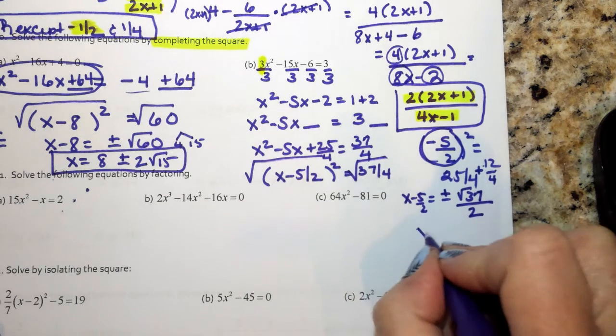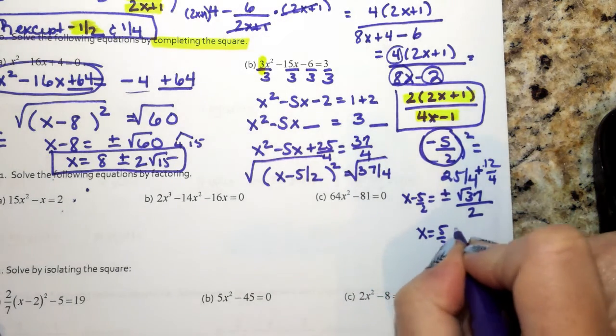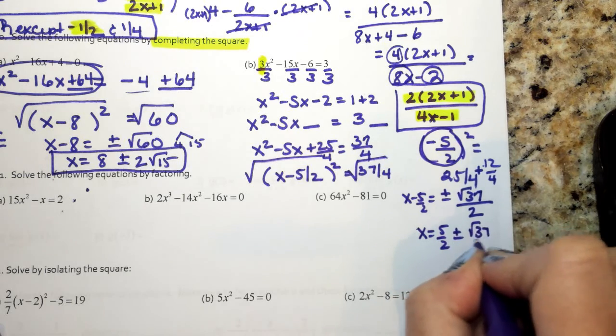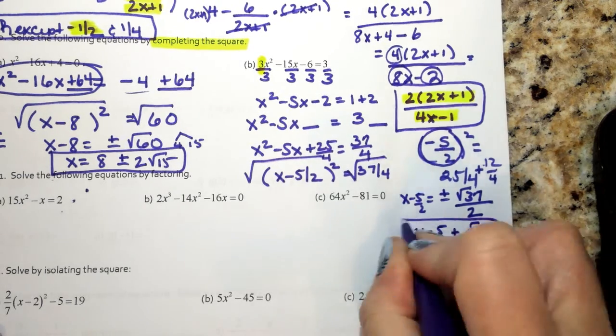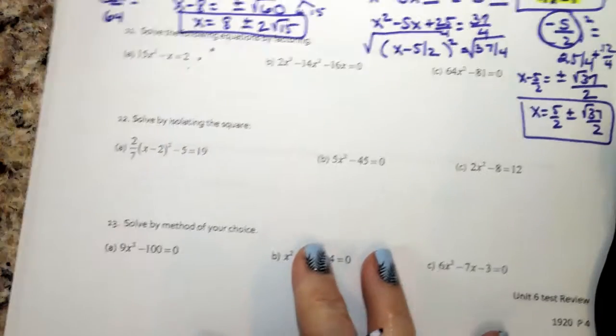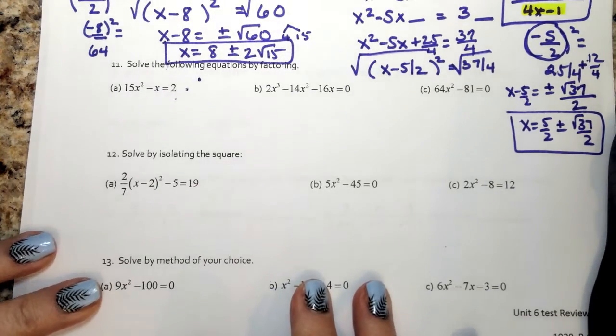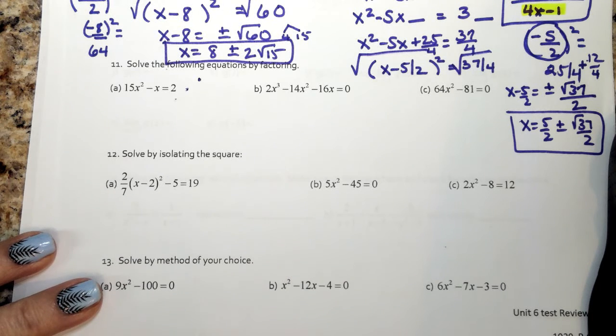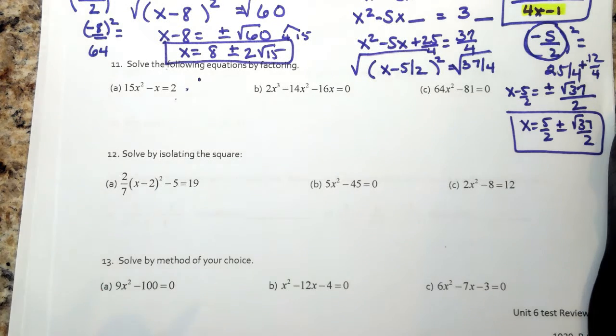Then I can add to both sides. So x is going to be equal to 5/2 plus or minus square root 37 all over 2. So that's how you can solve by completing the square.